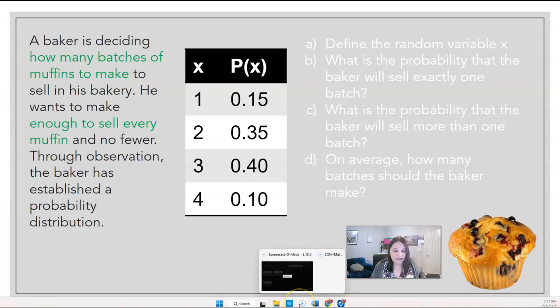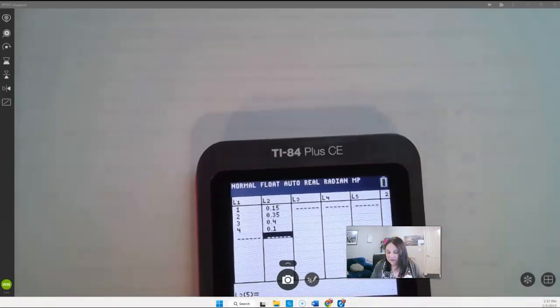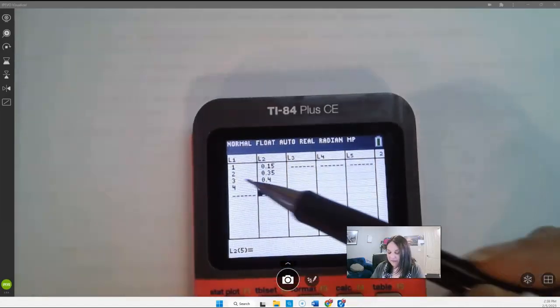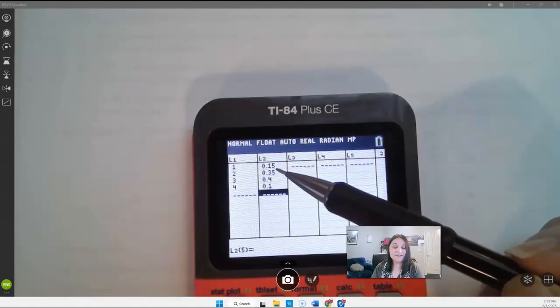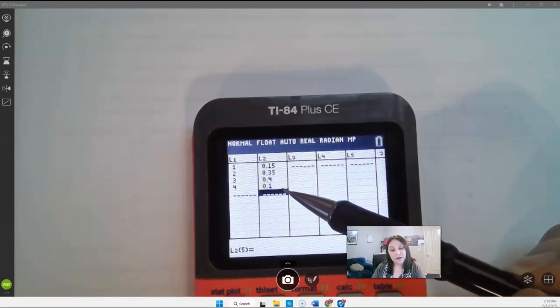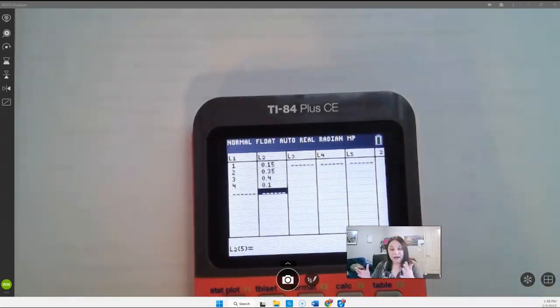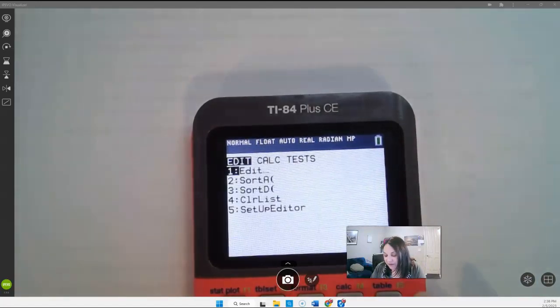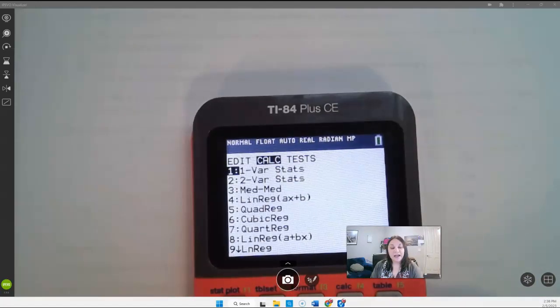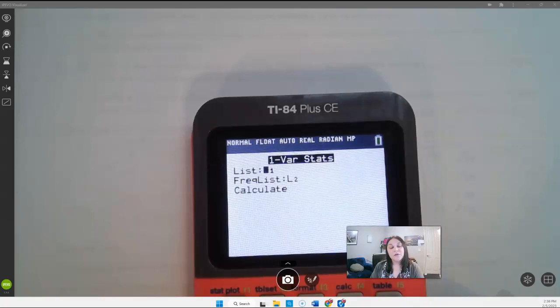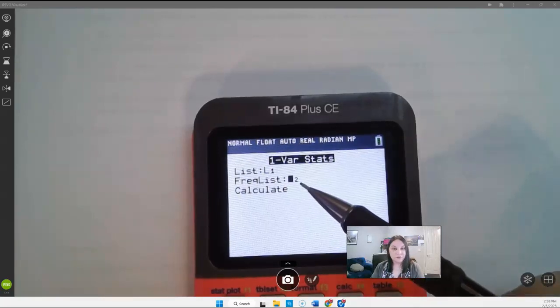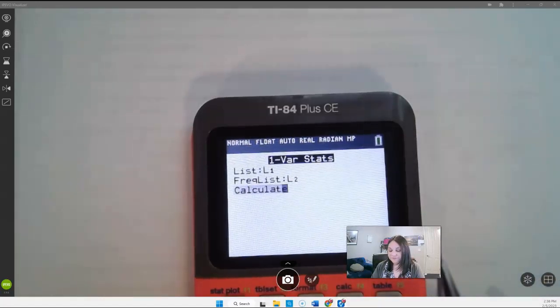So again, what I just did, and what I hope that you do, is go into your calculator and enter this data. I've got all the number of batches, and then I have the percentage of times, or the probability, that he sold how many out of 4 batches. I'm going to go to Stat, then Calc, and you are calculating one-variable statistics, but now we've got what's called a frequency list in L2.